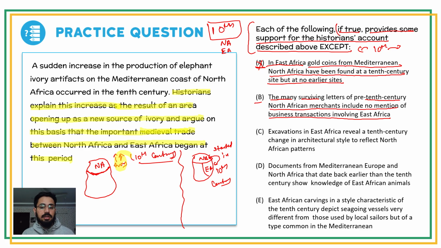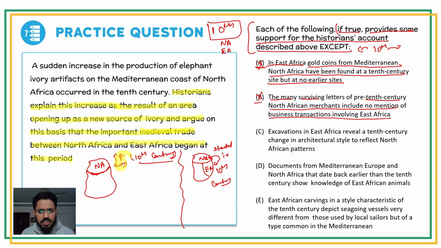And if someone says, before the 10th century there's no mention of transactions in some letters found at some site involving North and East Africa, well, that adds to the argument here. See, it wasn't happening before the 10th century. It happened in the 10th century and onwards. So yeah, it supports the argument.